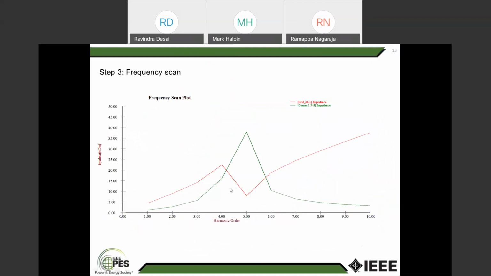At the fifth harmonic, you can see here, one is actually the grid impedance. You can see that from fundamental this impedance is increasing. At fifth harmonic, there is a dip in the impedance. Subsequently, it again started increasing. You look at the consumer premises 2.